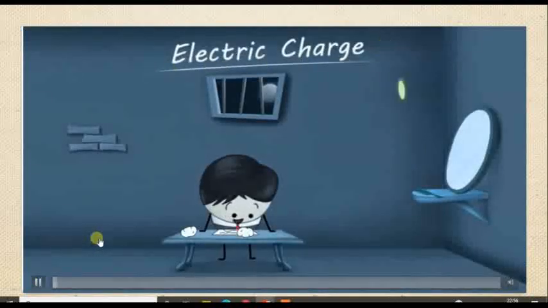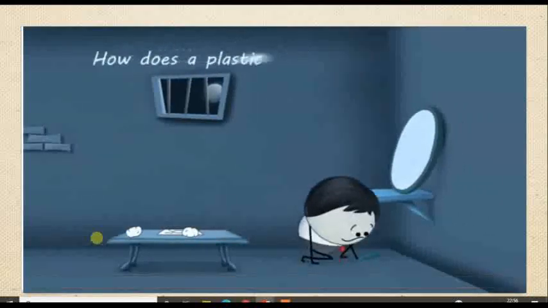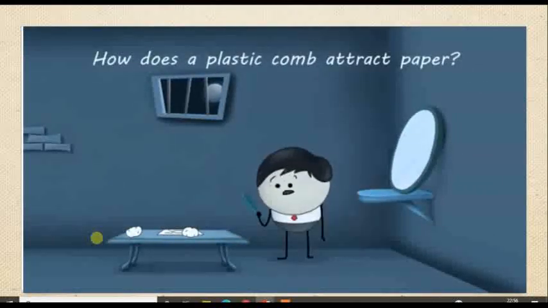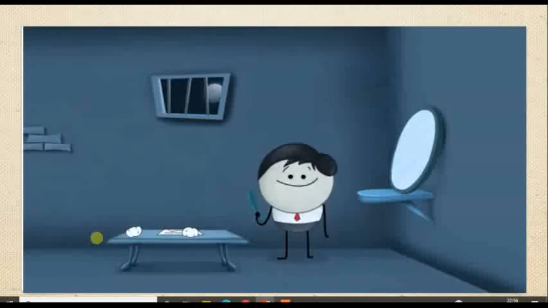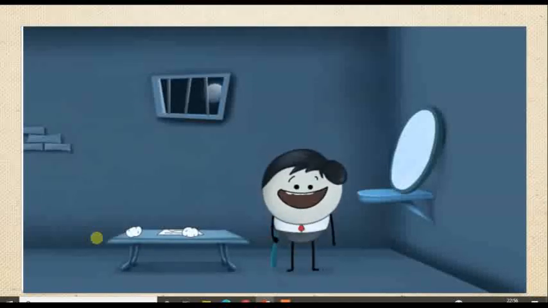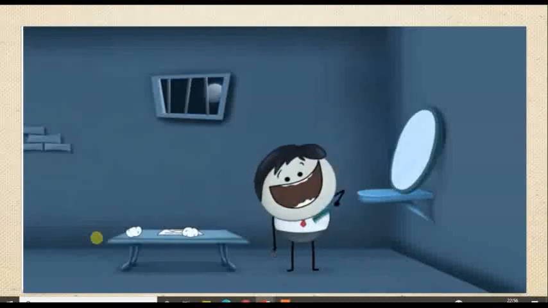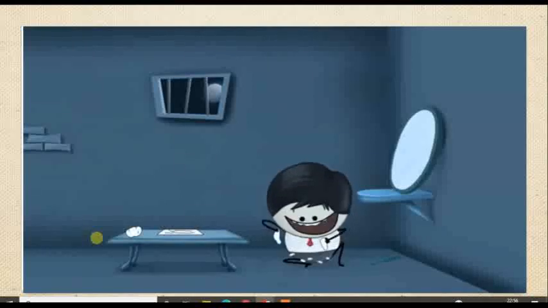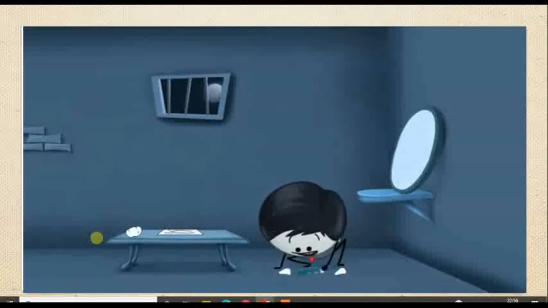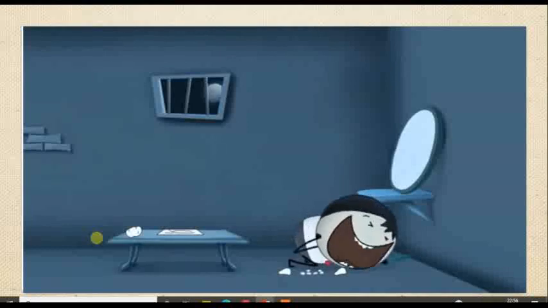Topic: electric charge. Huh? How does a plastic comb attract paper? What? You don't believe me? Okay, let us try. Take a plastic comb and bring it close to some pieces of paper. Hey, wait. Don't laugh.